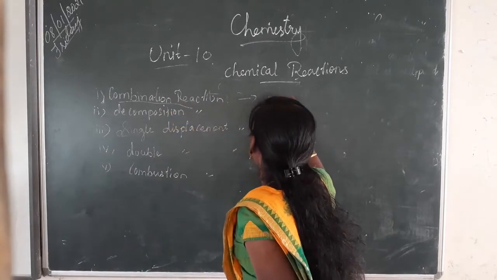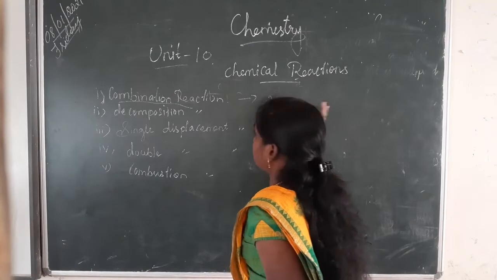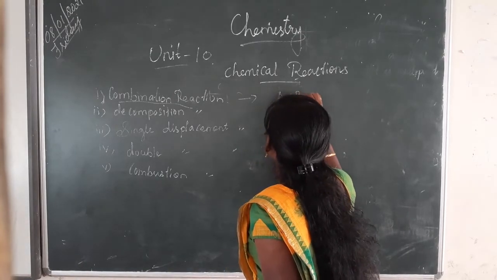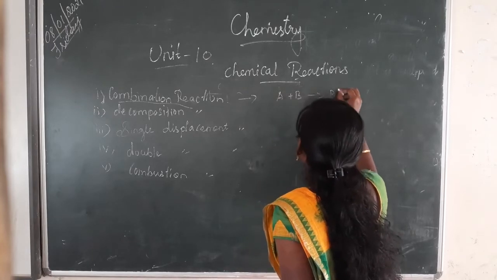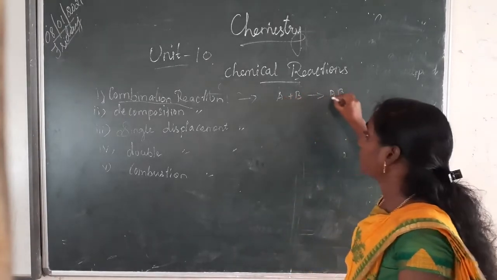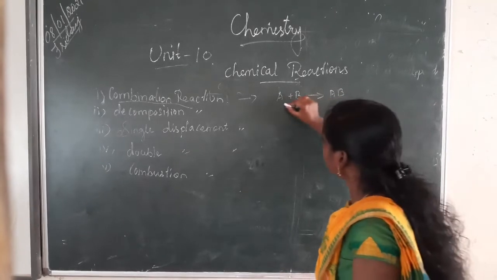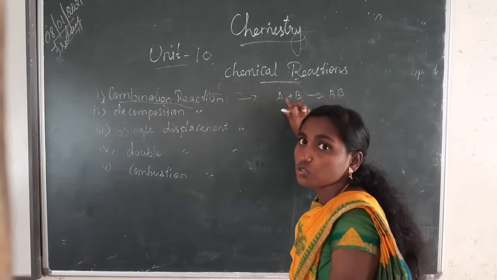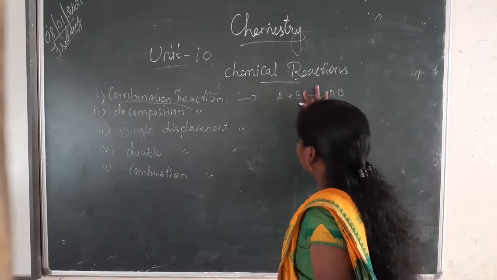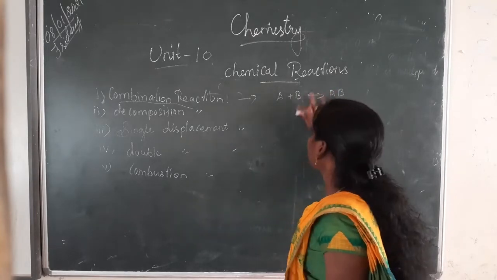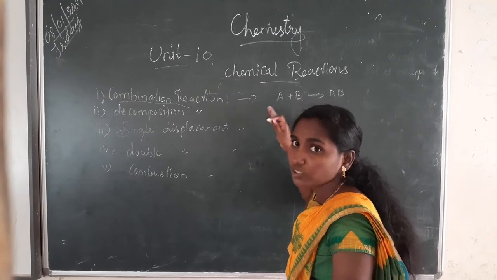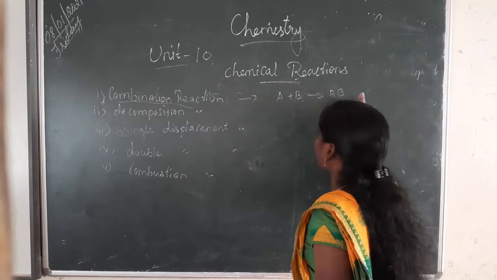So two or more elements, that means A plus B gives AB. A plus B gives AB. 1, 2, right? So 2 or more elements, maybe C or D, anyone. 2 or more elements combine to form a new product.